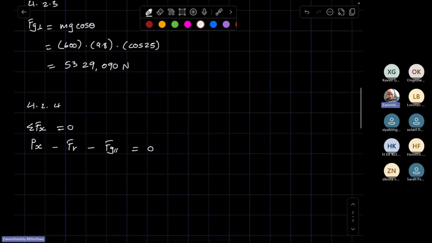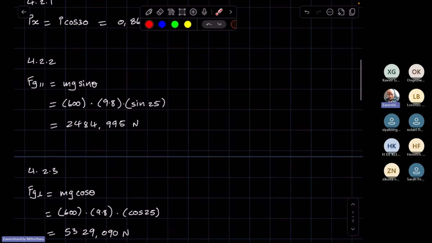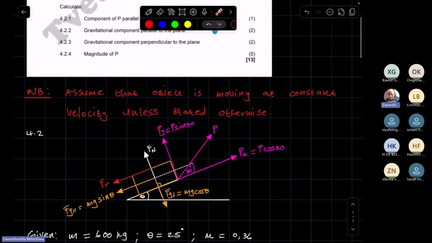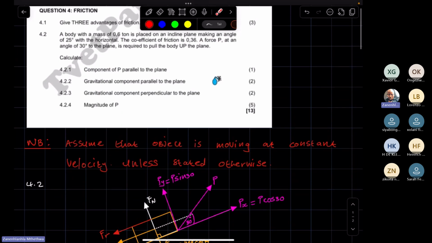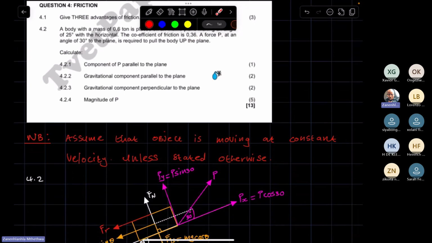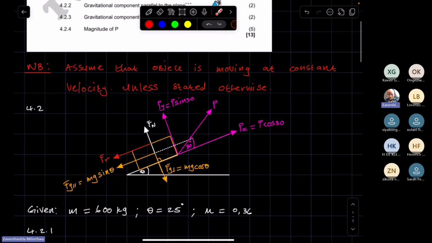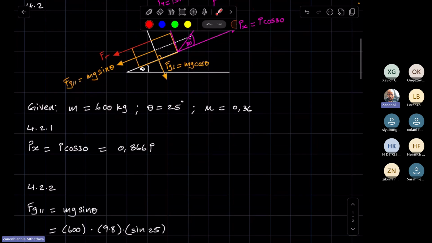Now you substitute the Px we calculated and got 0.866P minus Fr. Now we haven't been given the frictional resistance here. What we've been given instead is the coefficient of friction, which suggests that there is some considerable friction between the two surfaces.